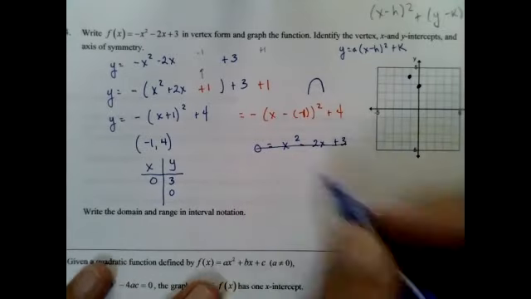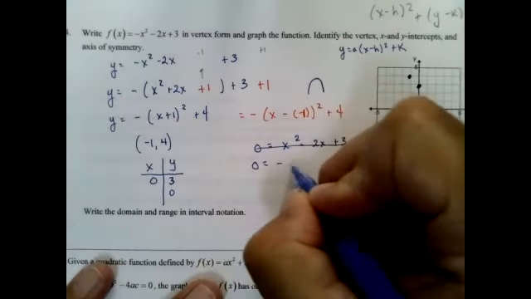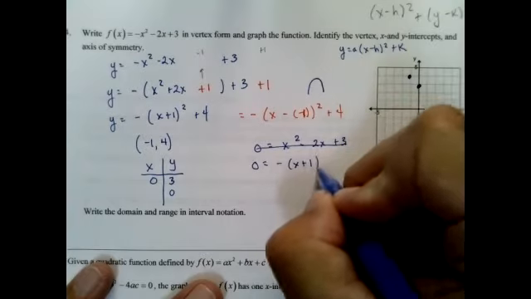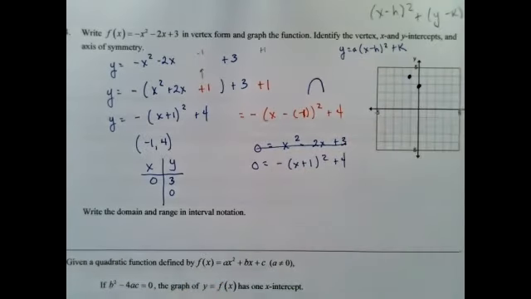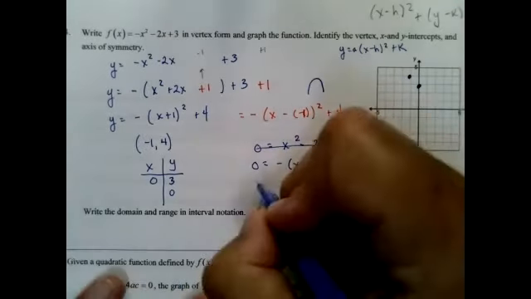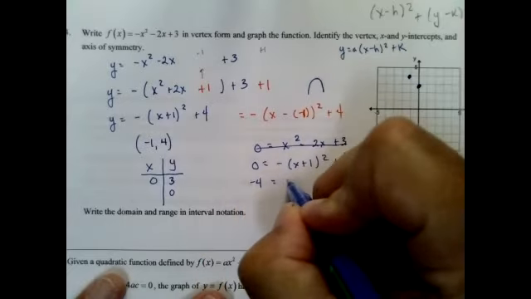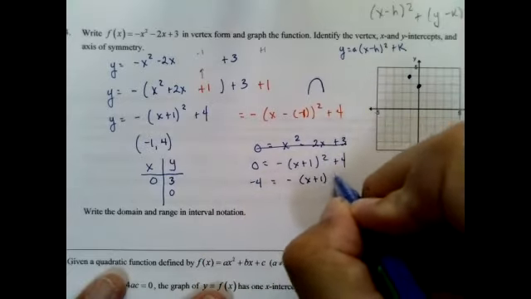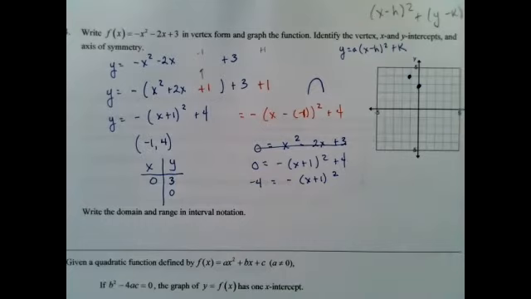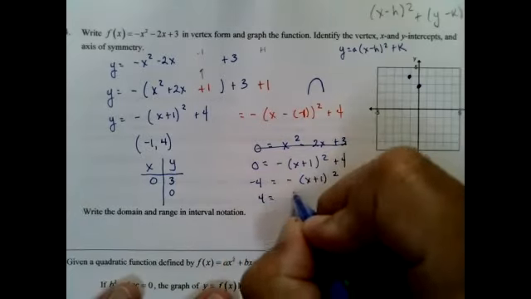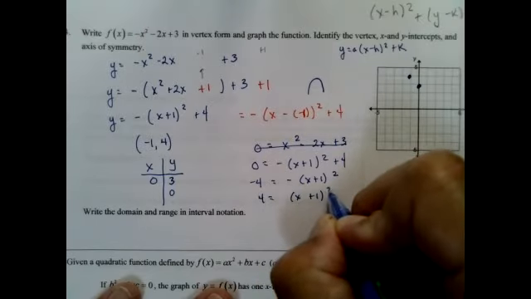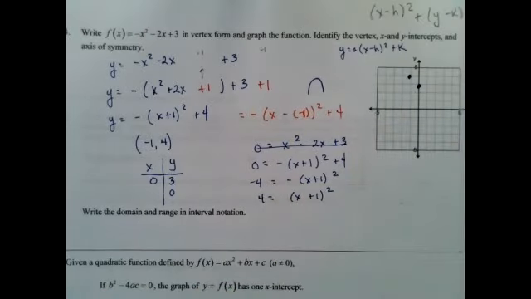So I tried, but it didn't work. 0 equals negative x plus 1 squared plus 4. Negative 4 equals negative x plus 1 squared. 4 equals x plus 1 squared. I multiplied both sides by negative 1.